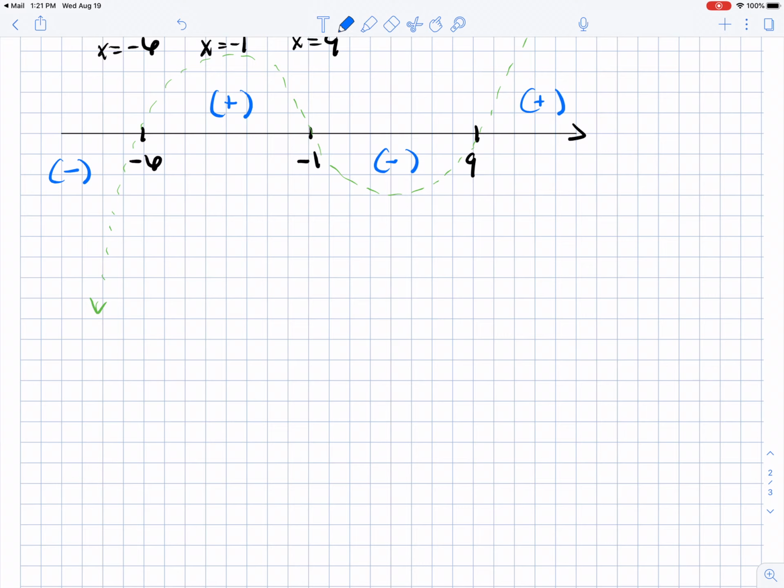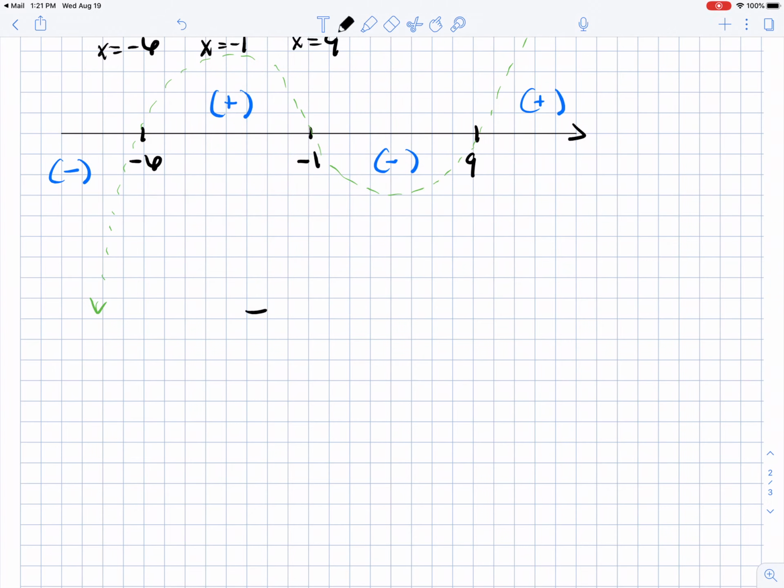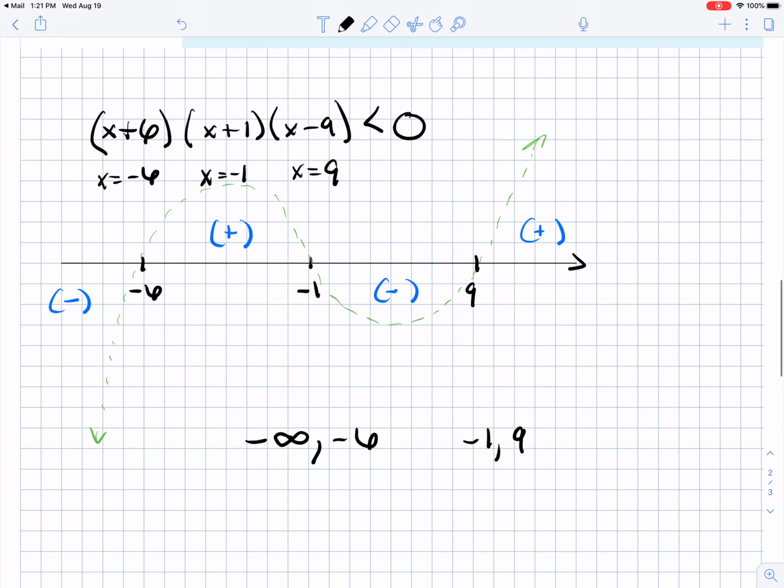Our solution set is all the numbers to the left of negative 6 and between negative 1 and 9. So the far left goes from negative infinity up until negative 6, and then we also have the numbers between negative 1 and 9.